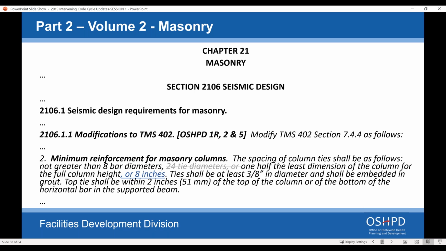The comment was that there is a limit on the maximum spacing of ties of 8 inches, and column dimensions can be such that you can exceed that 8 inches, which will be incompatible with what the code requires. So we said, okay, we will say or 8 inches, and we removed the 28 tie diameter requirement, because it's already 3/8 inch, so it was redundant. So next.